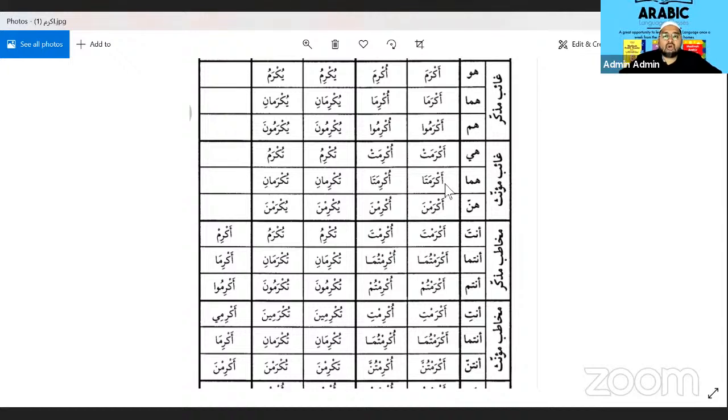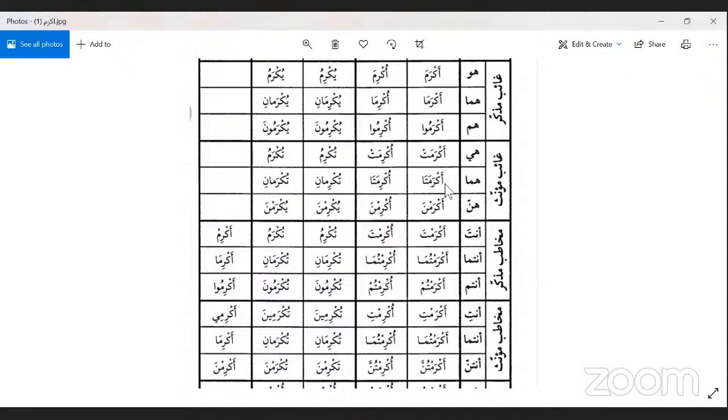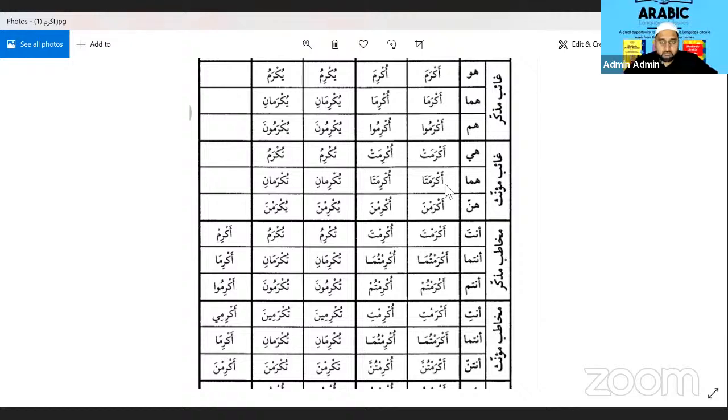Okay. Just conjugate. There's no need of translation. Just read the Arabic. Huwa adkhala, huma adkhala, and so forth. Go ahead. Huwa adkhala, huma adkhala, hum adkhalu, hiya adkhalat, huma adkhalata, hunna adkhalna. Correct.